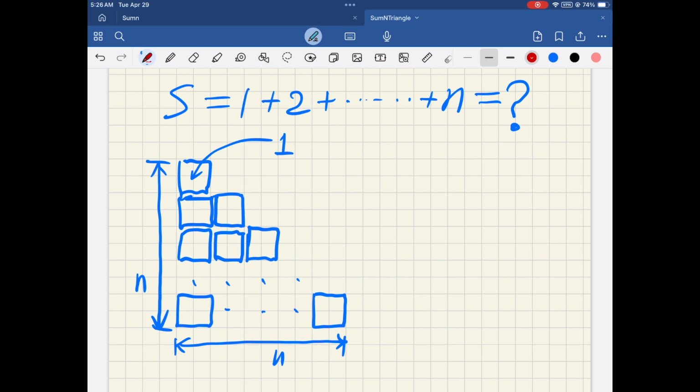Now, let's overlay a large right triangle onto our stack. We'll draw an isosceles right triangle with a height of n and a base of n.